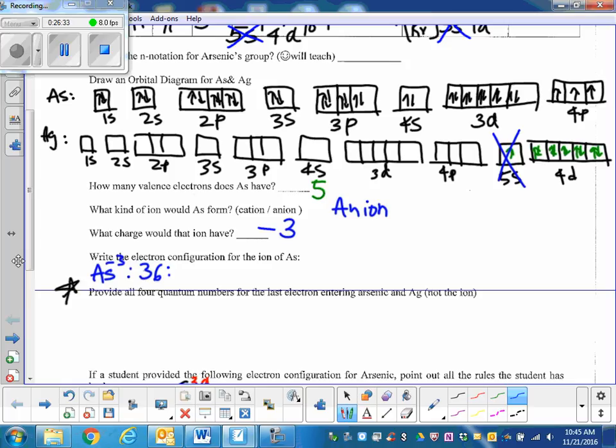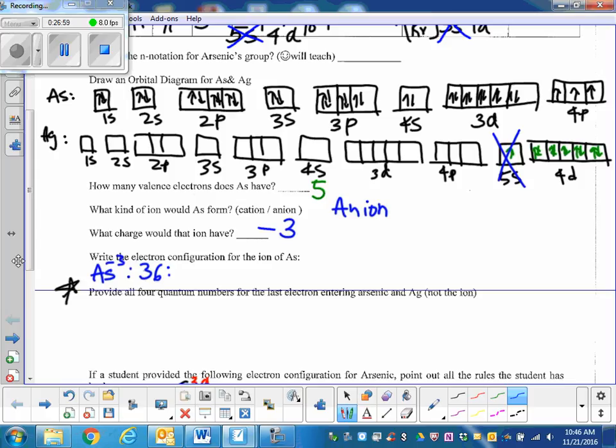Yes. Arsenic will not make +3. Arsenic will only make -3. It adds. Minus is adding electrons. It's gaining 3 more electrons. Right? Because the negative comes from the negative charge of the electron.